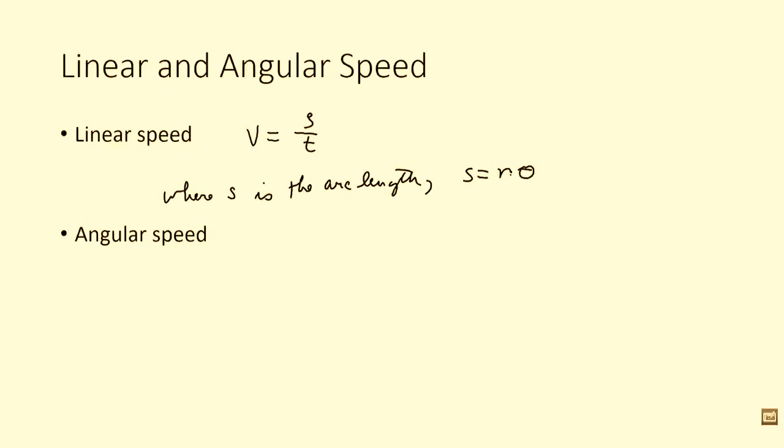The angular speed is given by omega is theta divided by t.